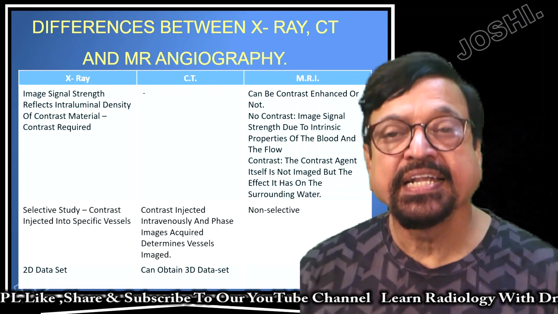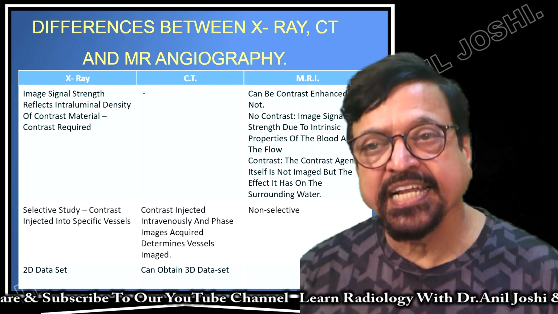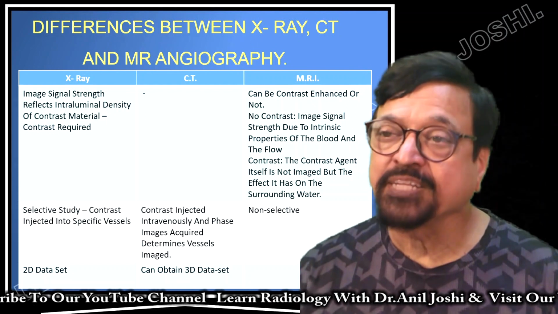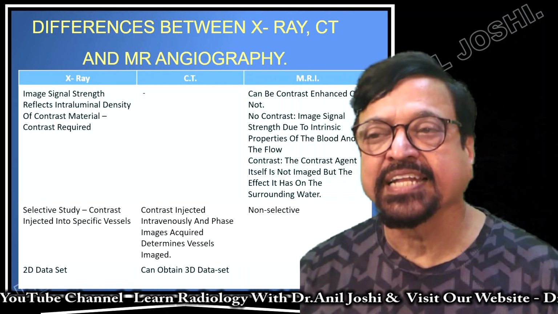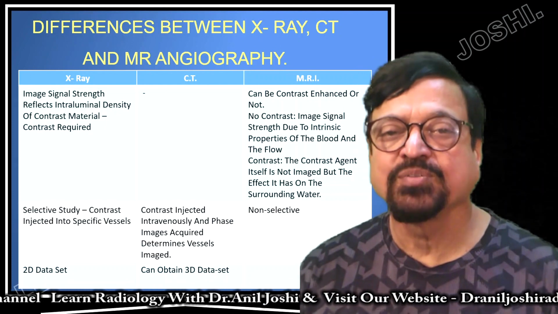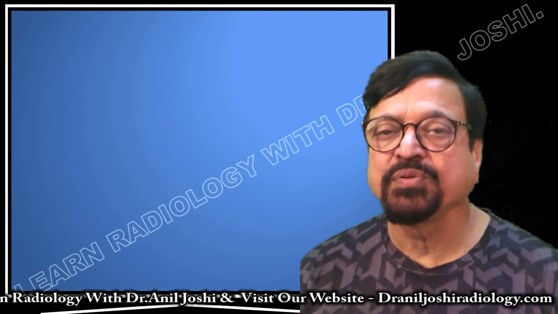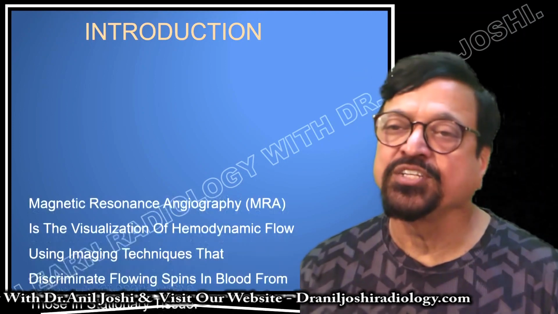However, the quality of the information you get on CT is not as good as that of MRI. The most important advantage of MRI is that it can also be done without contrast, and at the same sitting we can obtain venous as well as arterial phases. So these are the differences between the three types of angiography. Today we are going to discuss MR angiography.